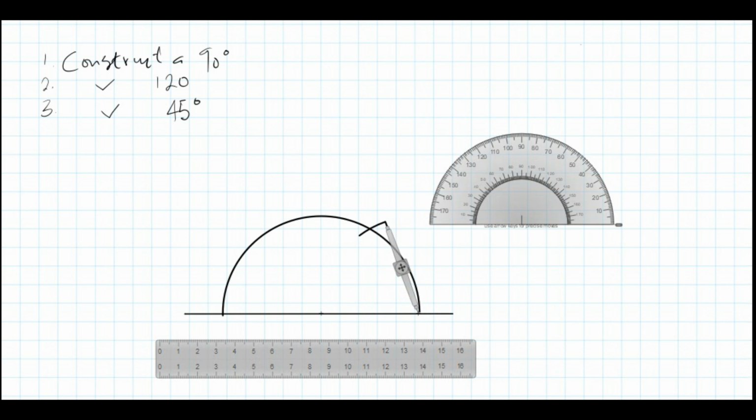Then you stand on the same arc that you just developed. Then you draw another arc again, just like that.